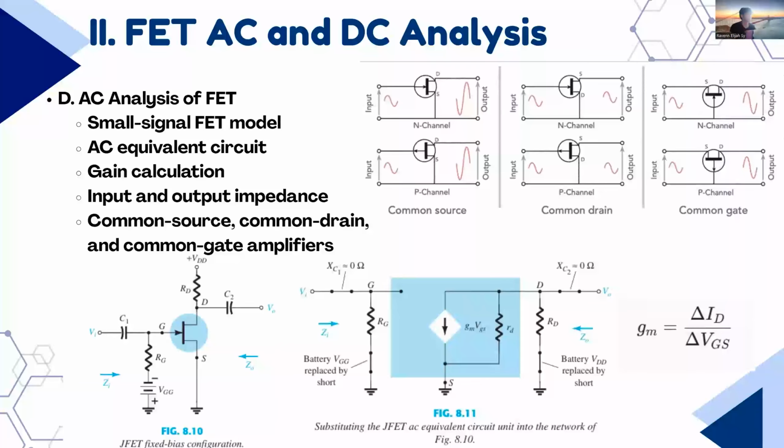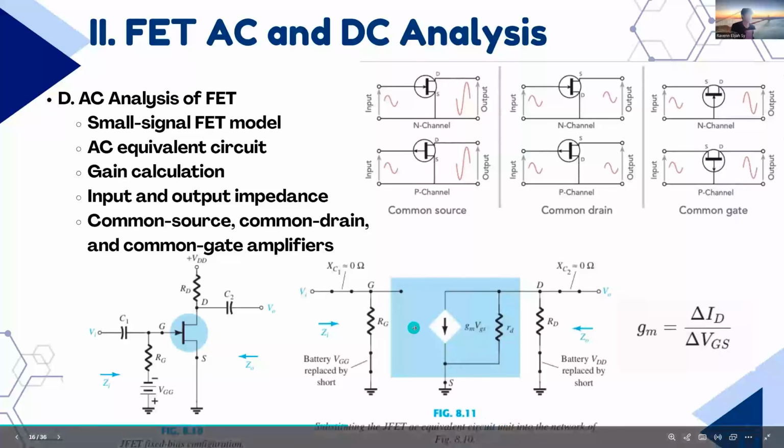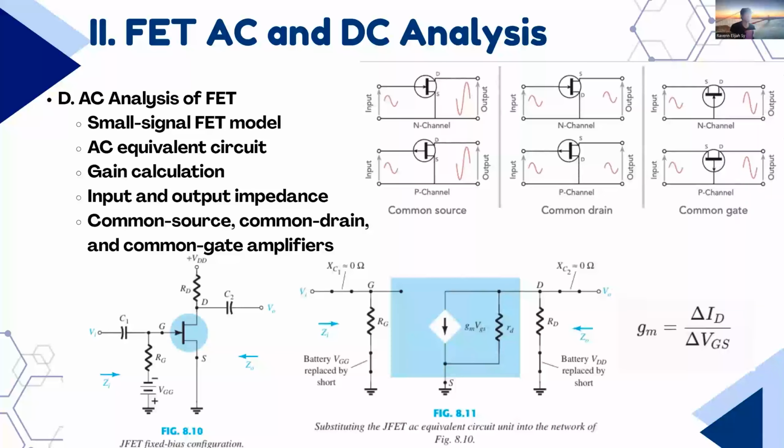So let's talk about the small signal FET model and AC equivalent circuit. To analyze performance, the FET is replaced by a small signal AC equivalent model. In this model, all DC voltage sources are shorted to ground, just like the BJT AC equivalent model.